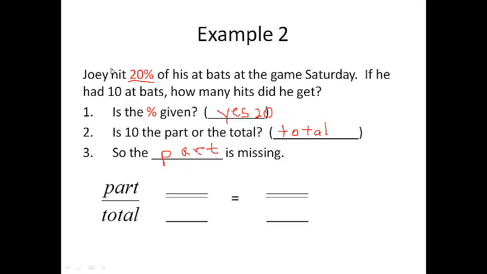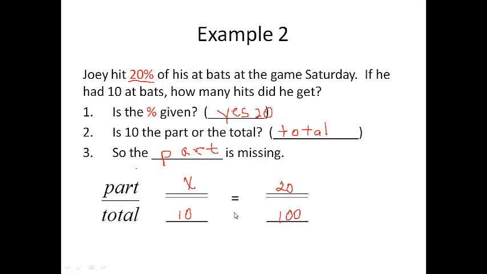So when we fill in our proportion, and remember a proportion is just 2 equal fractions, it's going to be X, because we don't know what the part is, over the total, which is 10, equals 20% with 20 over 100.